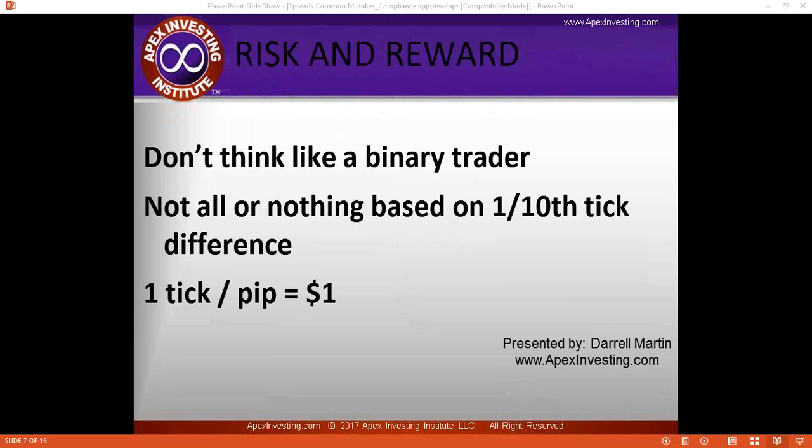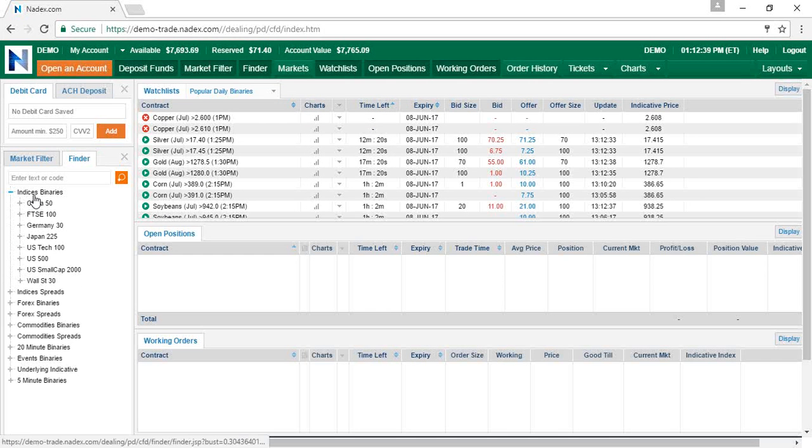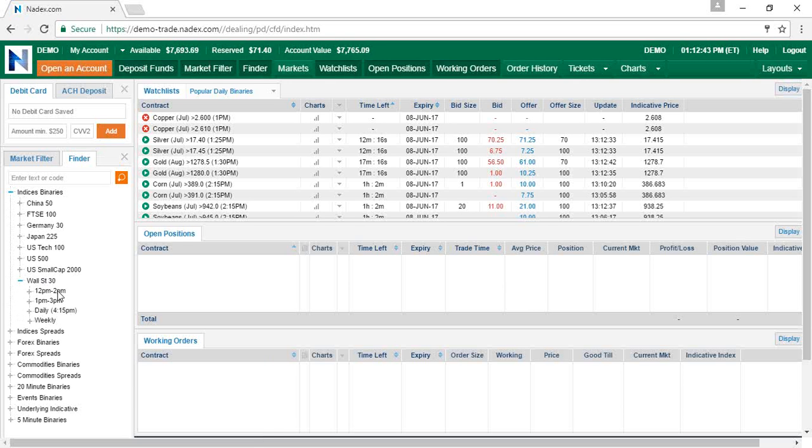If I were to go over here to the Nadex platform, and let's say I was trading binaries, and I want to trade the Dow, the Wall Street 30.